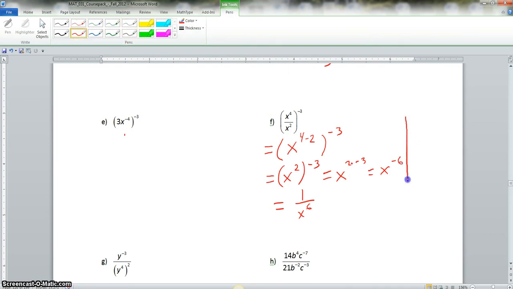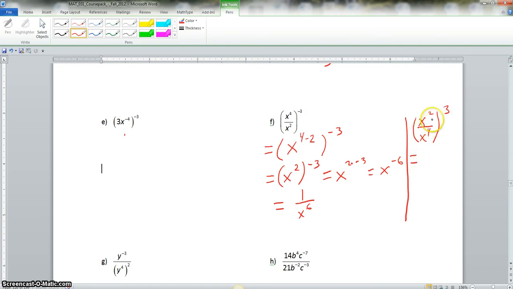What I'm going to do here off to the side, I'm going to show you how this problem would have been done if we would have done the reciprocal first. So taking this same problem, we would have done the reciprocal, which would have given us x to the 2nd over x to the 4th, and that would have been taken to the 3rd power.